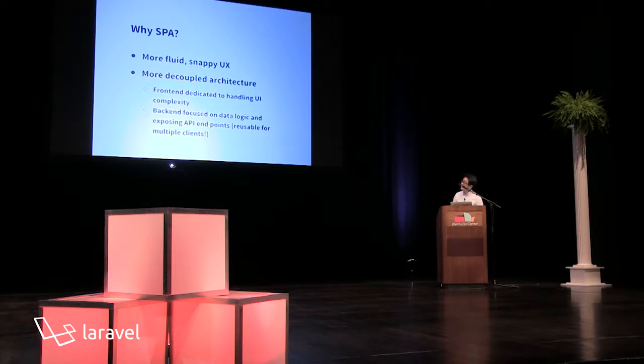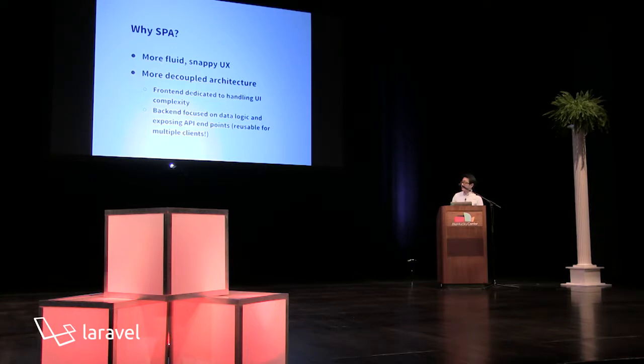And when you do that, you get a more decoupled architecture because now you have essentially two very decoupled code bases. The front-end code base is focused on untangling the UI complexity. It focuses on client-side state. It focuses on what components, what layout, what UI I should be rendering.